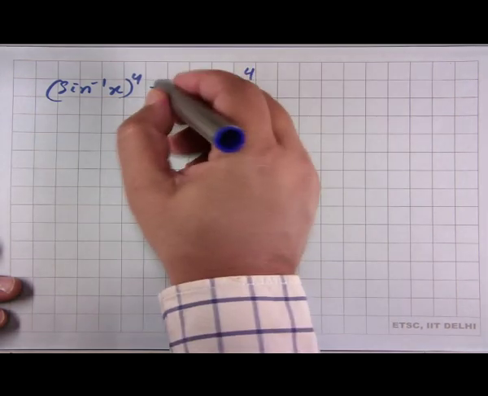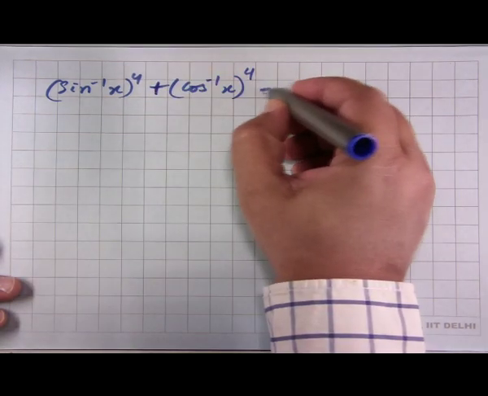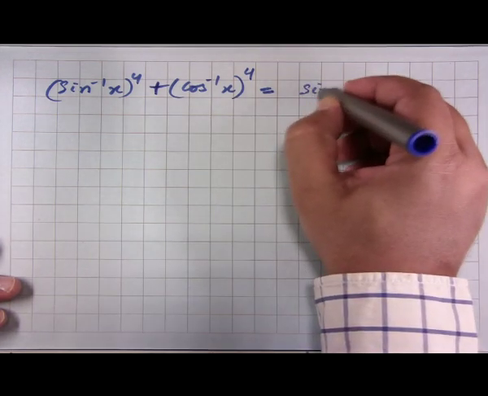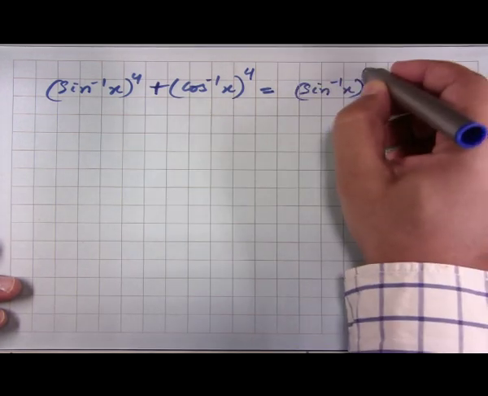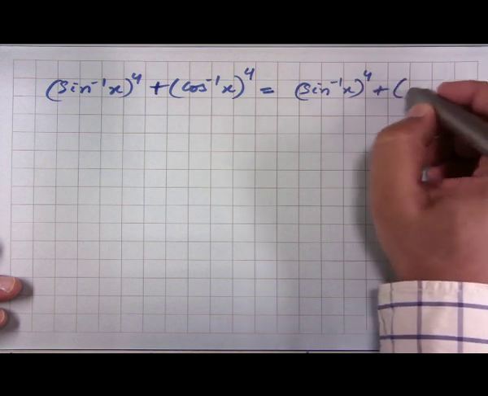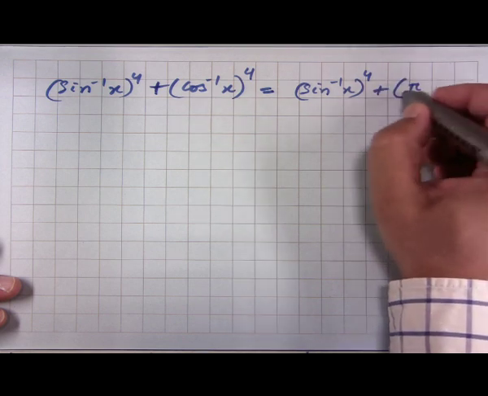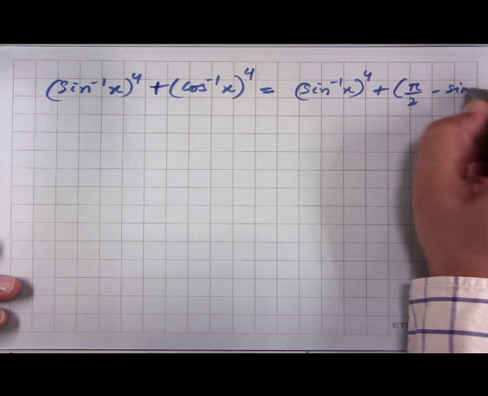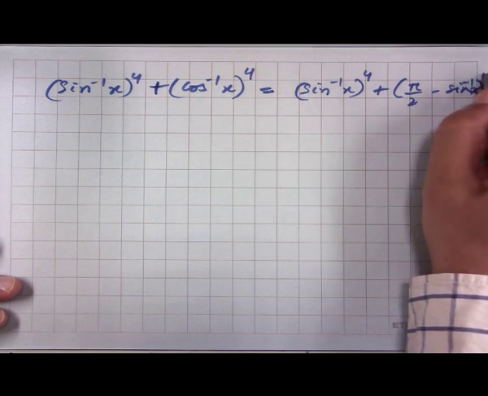expression as equal to sin inverse x to the power 4 plus pi by 2 minus sin inverse x to the power 4.